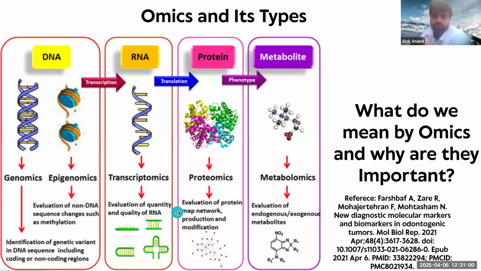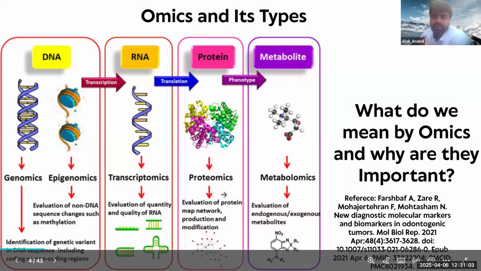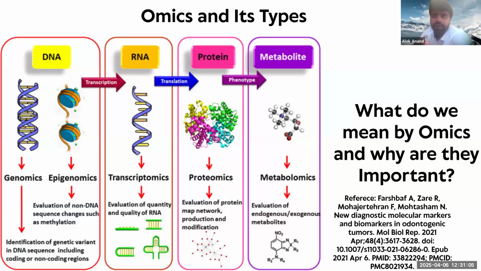Suppose we already know that BRCA1 and BRCA2 are biomarkers in breast cancer. So what is the level of expression of BRCA1 and BRCA2 in other diseases? Or suppose another gene like FOXA1 I'm interested in. So I'm asking the question, what is the level of expression of the FOXA1 gene in breast cancer?